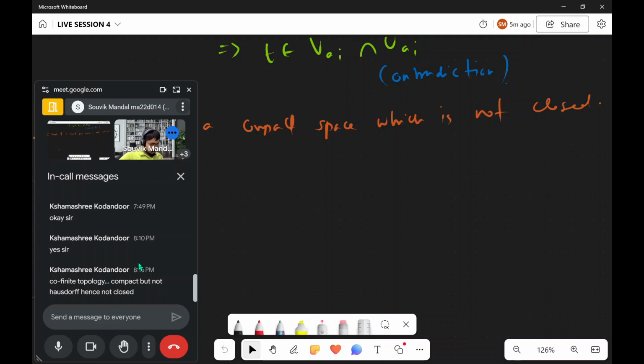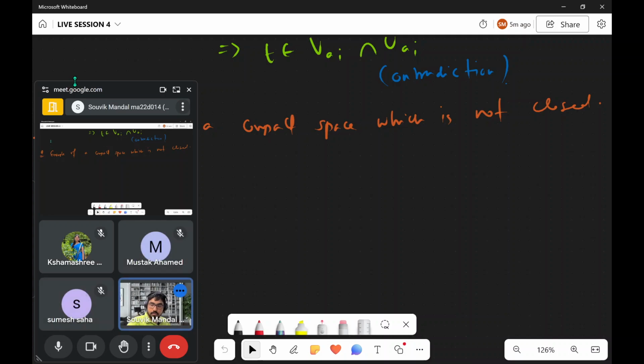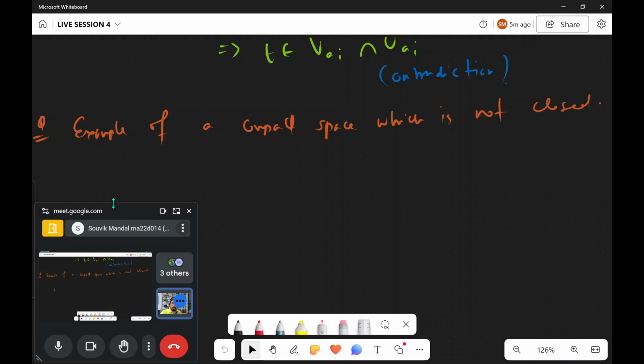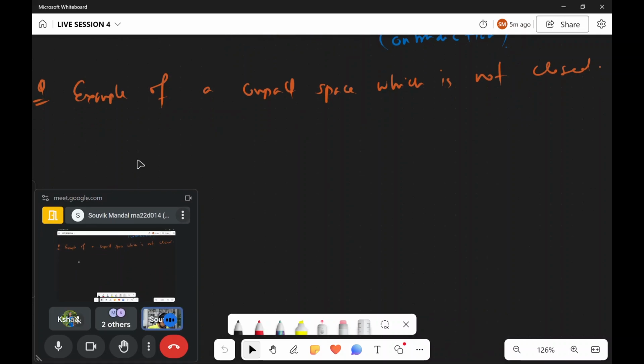The mathematically correct statement should be as follows. You are considering X with the cofinite topology, and you choose a subspace of X. This is compact, but not closed.